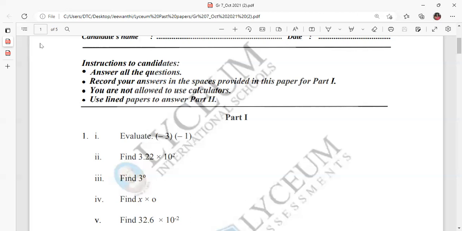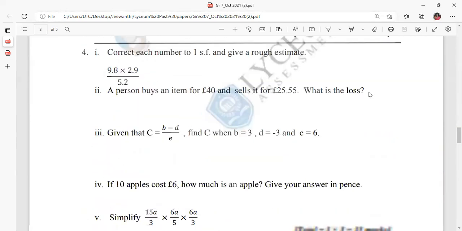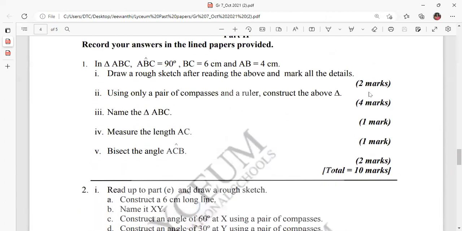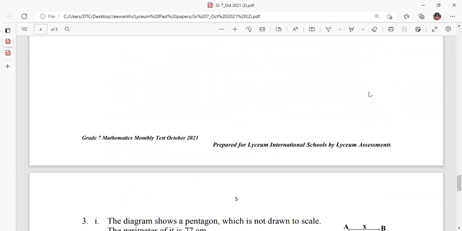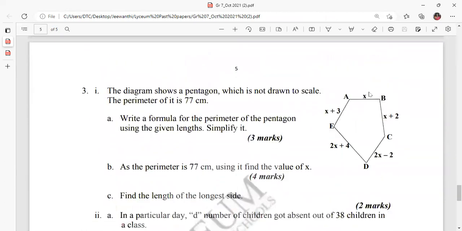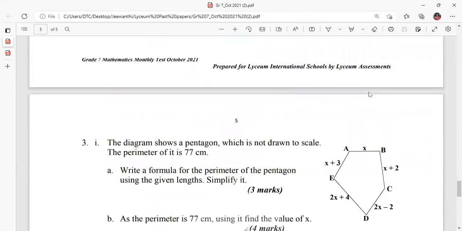In the instructions, it says you want to write the answers in this paper itself, in the spaces provided. By any chance, if we move to part 2, look at part 2, children. If I show you part 2, let's say that when you are doing this, you feel that somehow you can manage here, that I'm going to use the paper itself and I have enough space. Again, maybe your answers are correct.